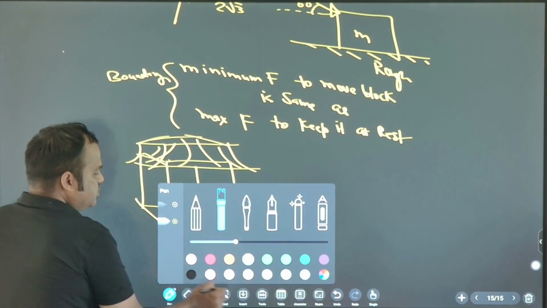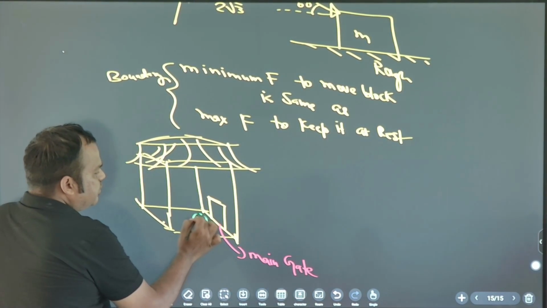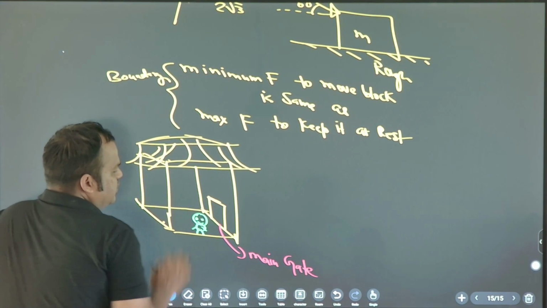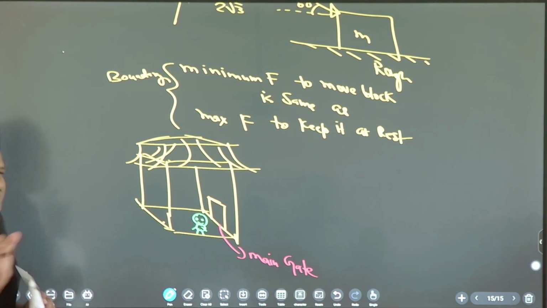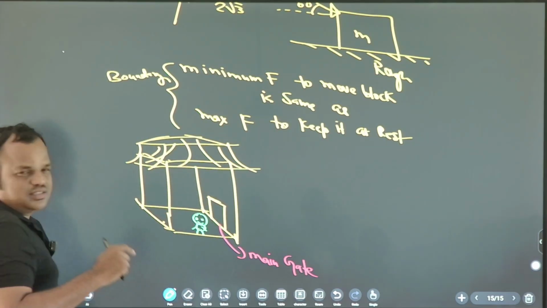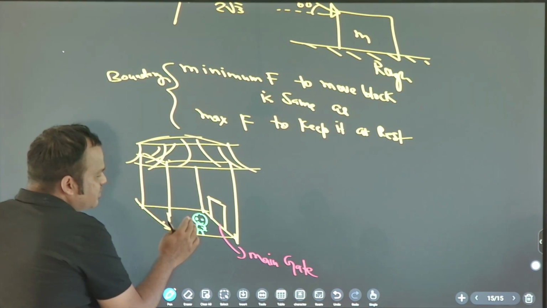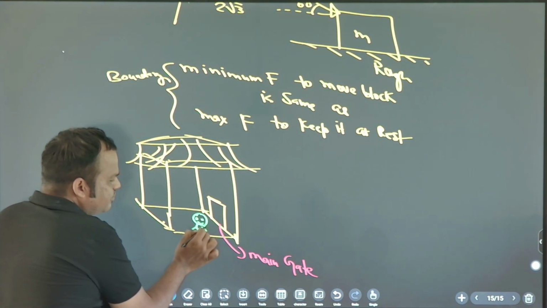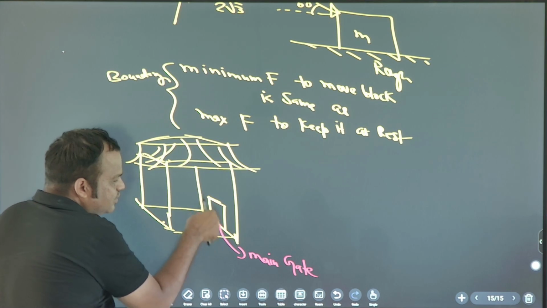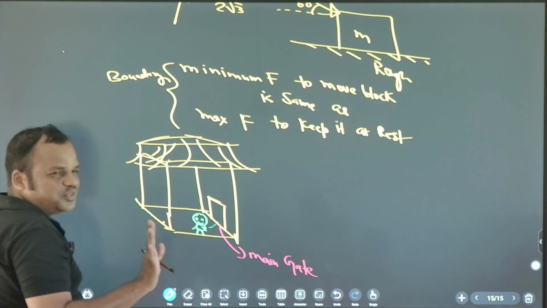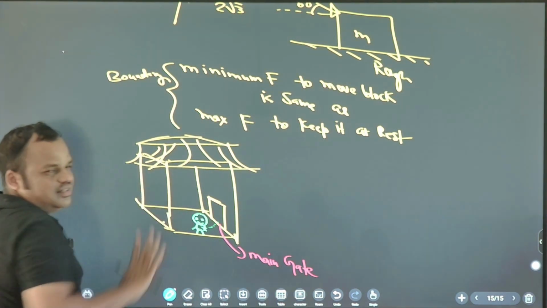Now suppose one small kid is inside. I want the kid to be inside the house. So maximum where can it go? It can go near the door, but not come out of the door. Correct or not?